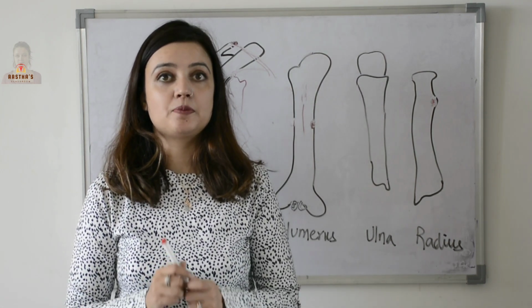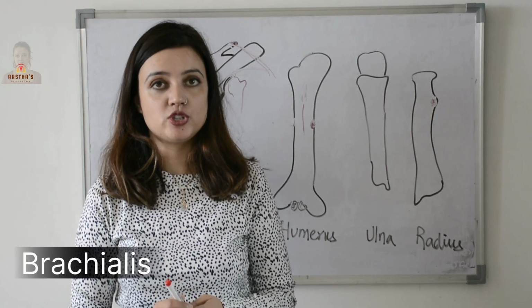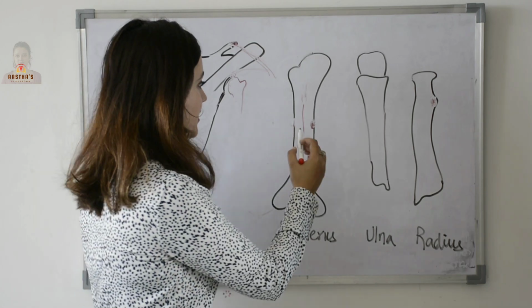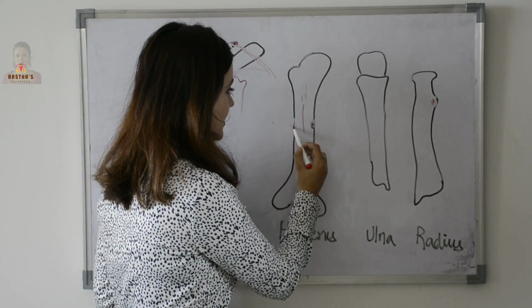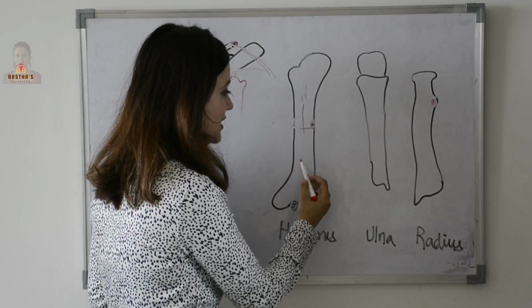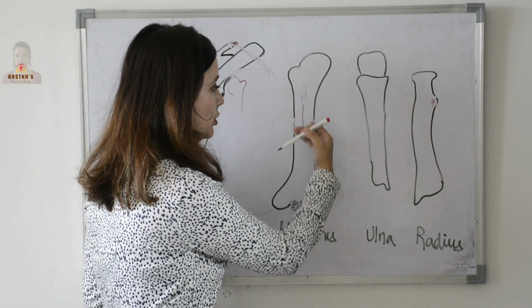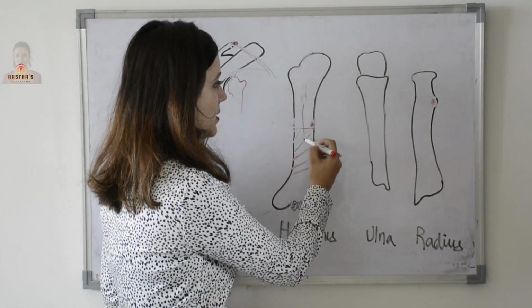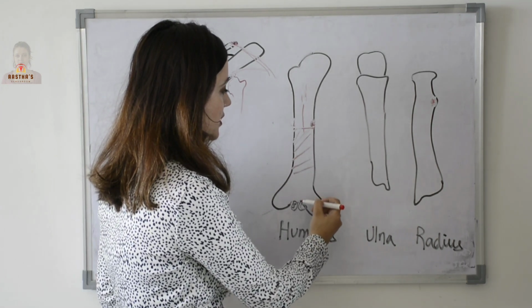Now coming to the third muscle of the anterior of arm. The third muscle is brachialis, and this muscle originates from the humerus. It originates from the anterior part of the shaft, anteromedial and anterolateral, of the lower part of the shaft of humerus. This muscle, after this, runs downwards.